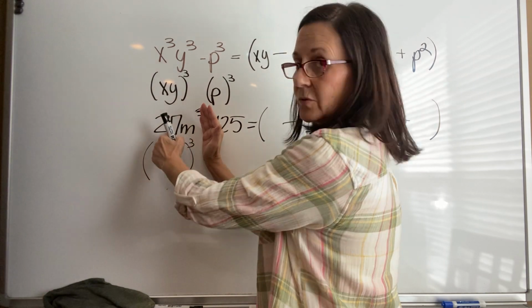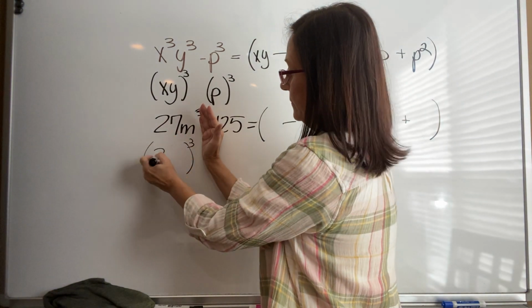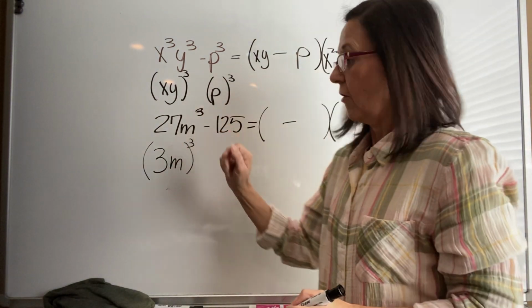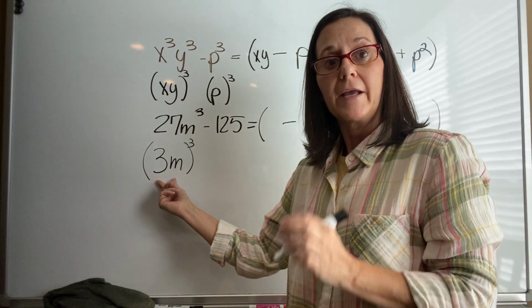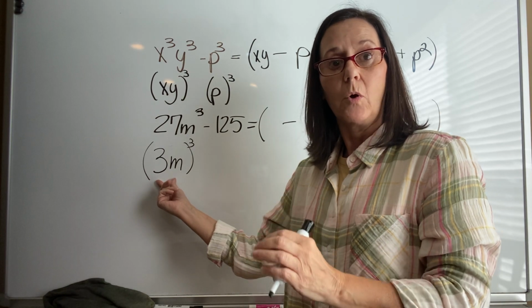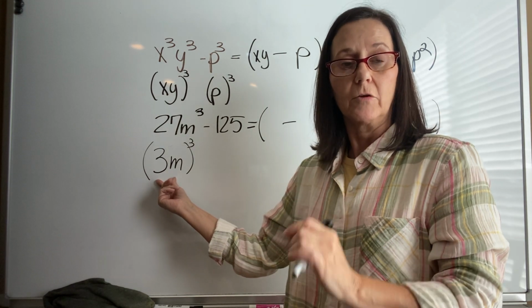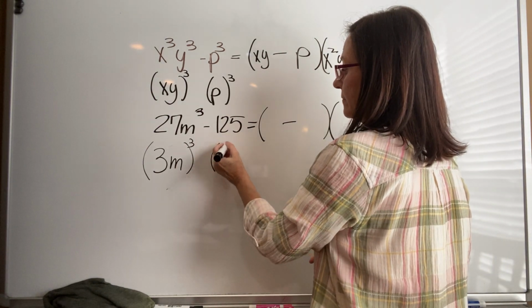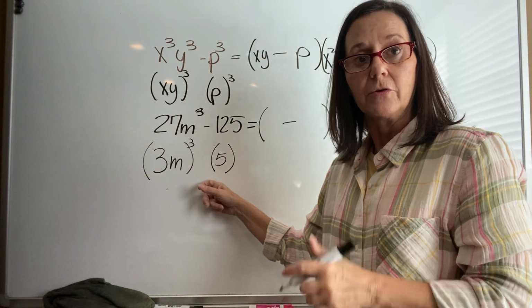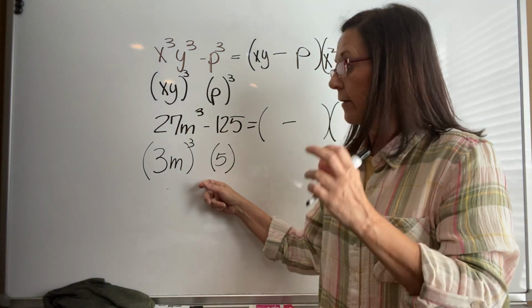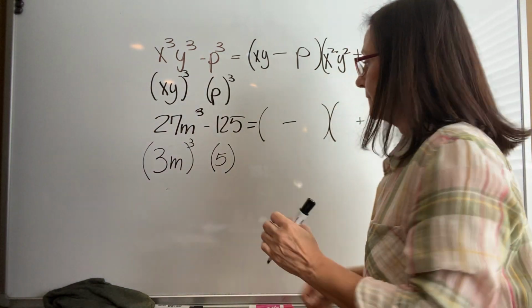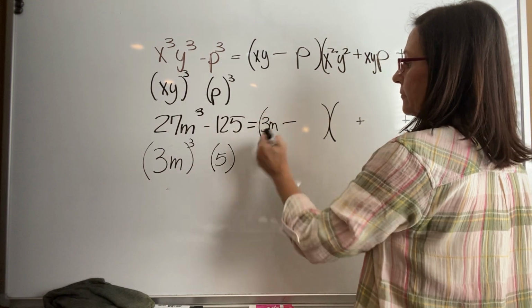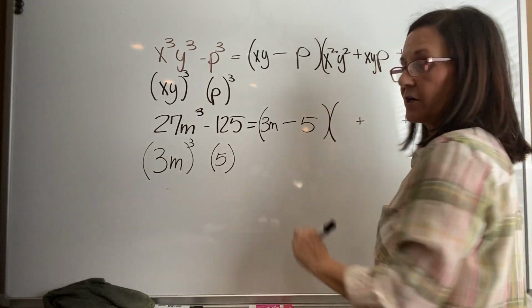The cube root of 27 is 3. The cube root of m cubed is m. So now my cube root is 3m. That's what I'm going to write and square and multiply by. The cube root of 125 is 5. That's what I'm going to use to write down, to square, to multiply by. So the first term in the binomial is 3m minus 5.